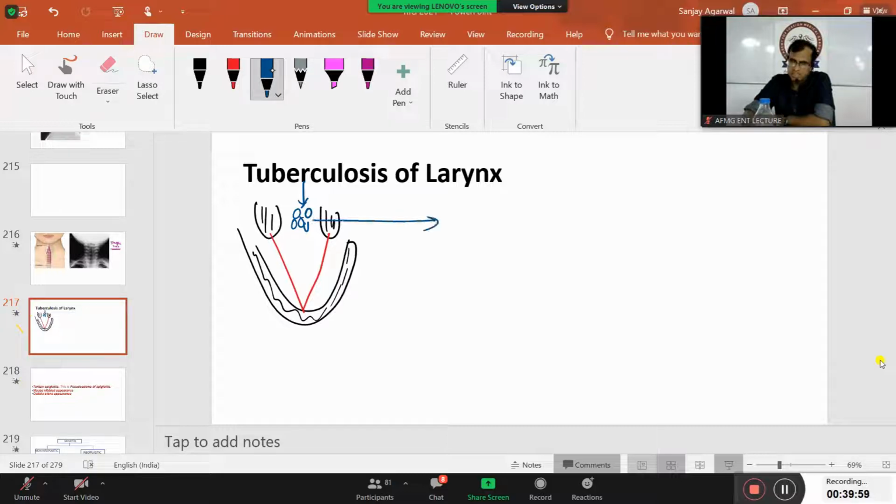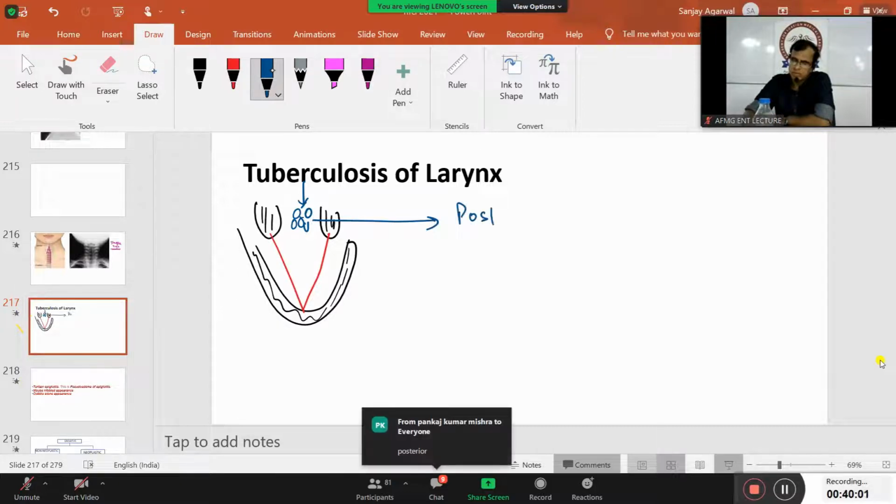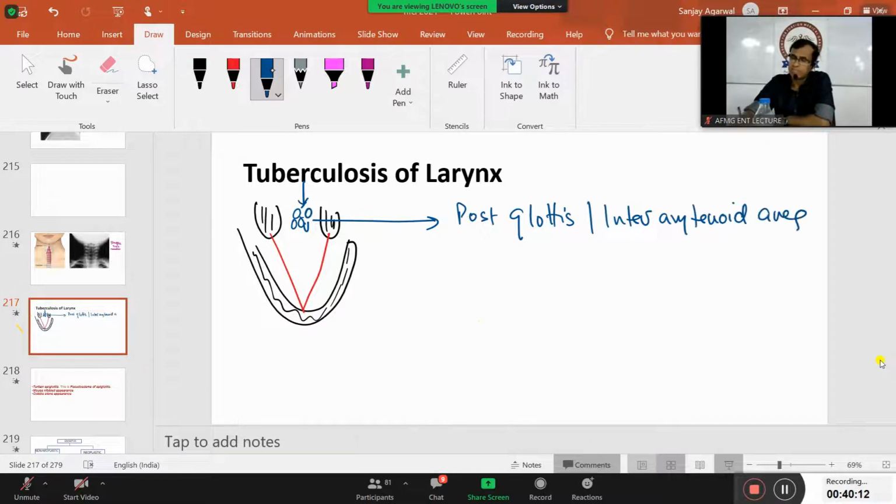So what site is this? Posterior glottis. You can say inter-arytenoid area, between the two arytenoids. Posterior part of the larynx, posterior glottis, inter-arytenoid, all are the same thing.